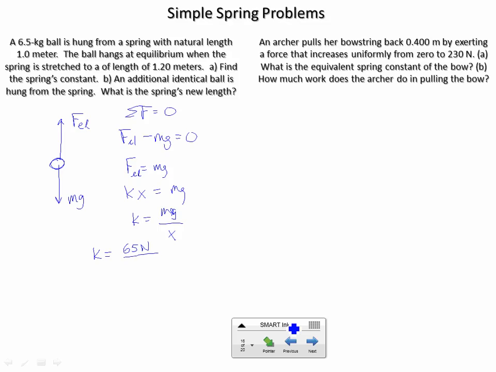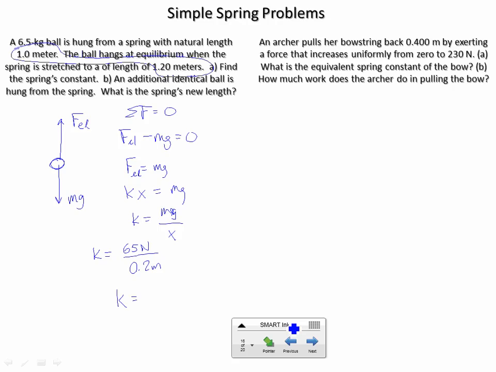Now, what's x? X is, by definition, how far it's been stretched from its natural length. X is 0.2 meters. We don't care about the length of the spring, we care about how much the length changes.